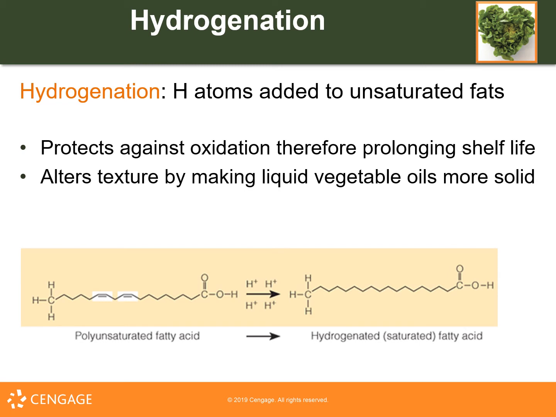Hydrogenation makes margarine spreadable, pie crusts flaky, and puddings creamy. If you look at the bottom picture, you can see hydrogenation taking place. On the left, you have a polyunsaturated fatty acid with two double bonds. And then after, we see hydrogen atoms are attached and the double bonds are gone.